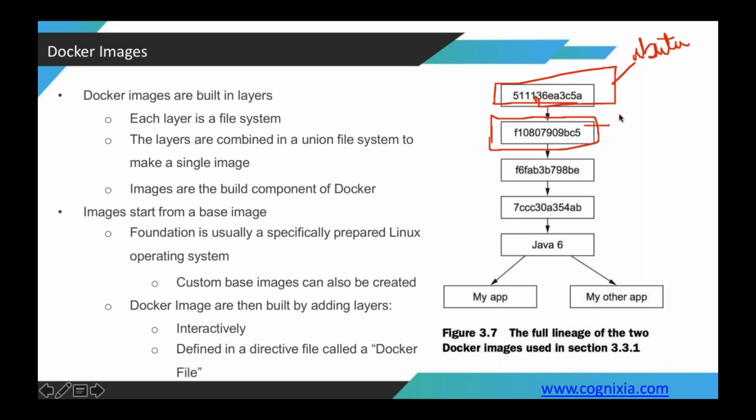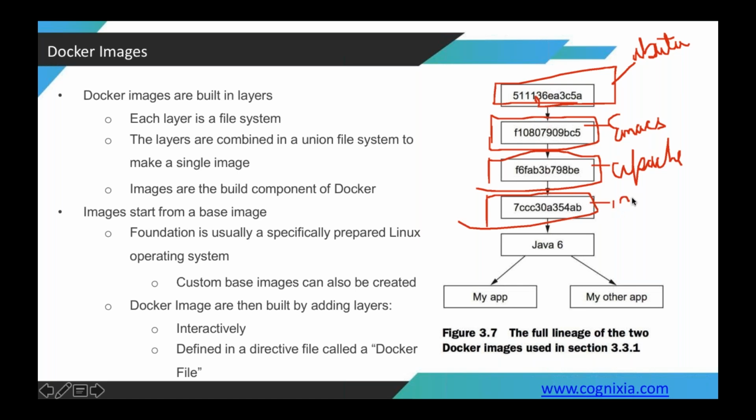This is from Emacs, and it has been derived from the previous image of Ubuntu. Then we have installed Apache, so we again get one more image ID, and then we installed something like Java, so we get one more image ID.